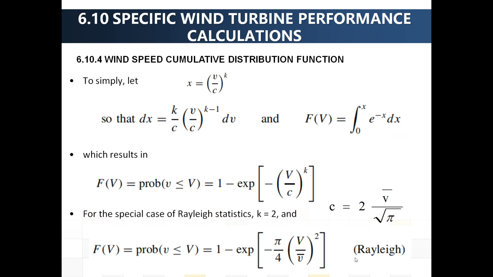If we let x equal (v divided by c) to the power k, then dx/dv is equal to k divided by c multiplied by (v divided by c) to the power k minus 1. Since F(V) is equal to the probability that v is less than V, it is equal to 1 minus e to the power of minus (V divided by c) to the power k.